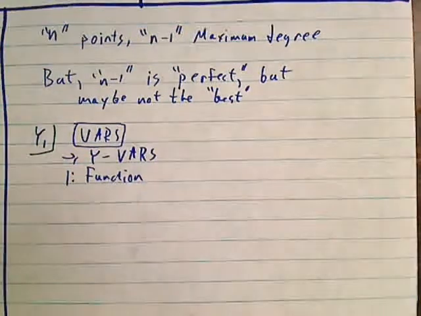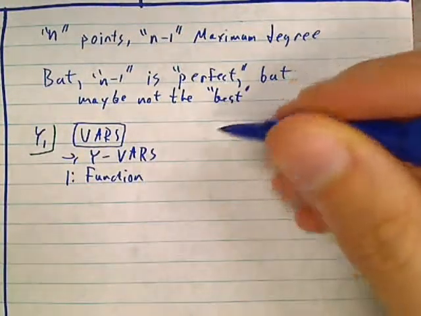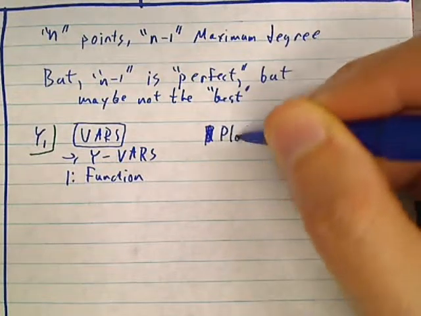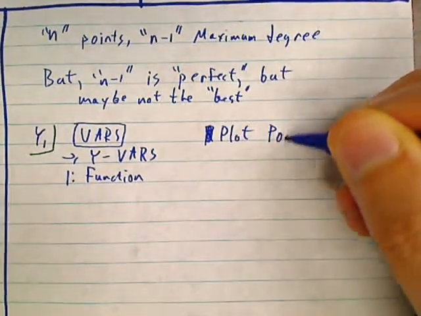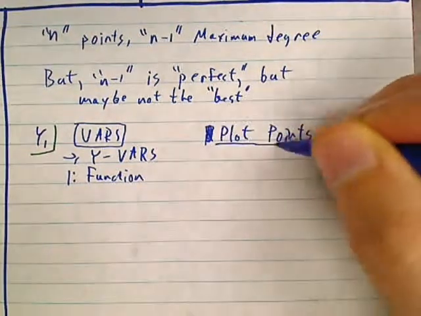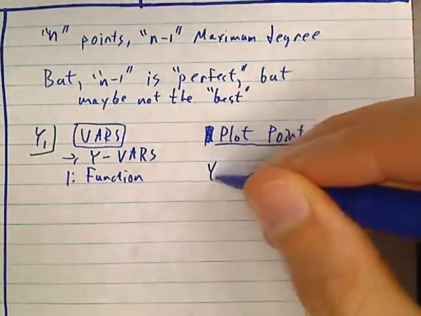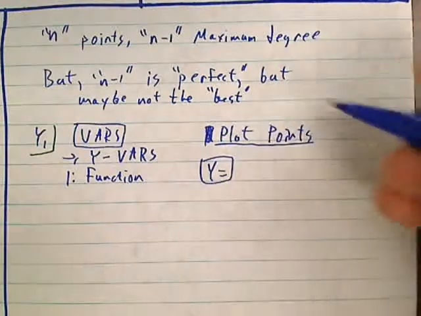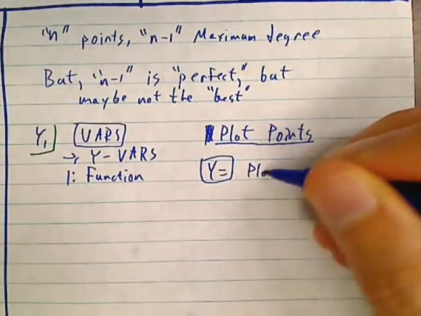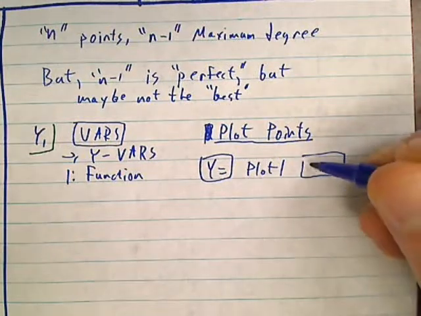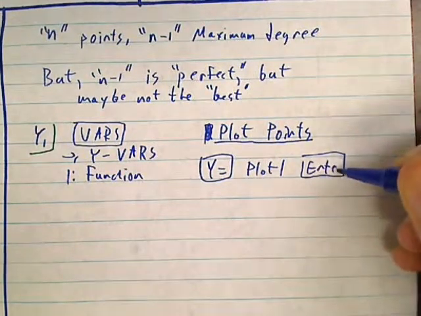Let's see what else we have here. The other thing I want to remember how to do is to plot points. You hit the Y equals key, go up to plot 1, and hit enter, and that will shade it in. Only do that once.